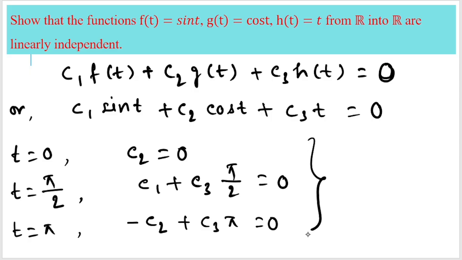So this is a homogeneous system of linear equations. Again, we have to check whether there exists a non-zero solution of C1, C2, C3 or not.